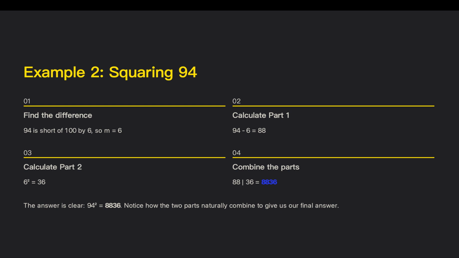And the difference is 6, square it to get 36. And final stage, combine 88 and 36 side by side. So 94 square is 8836. So the answer is clear. Notice how the 2 parts naturally combine to give us our final answer without needing any process.